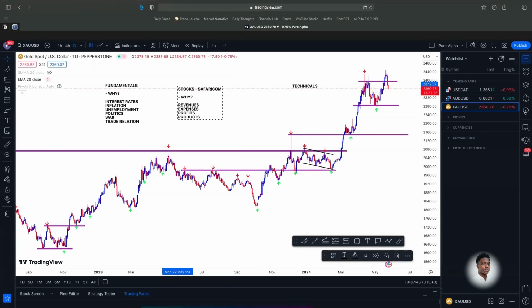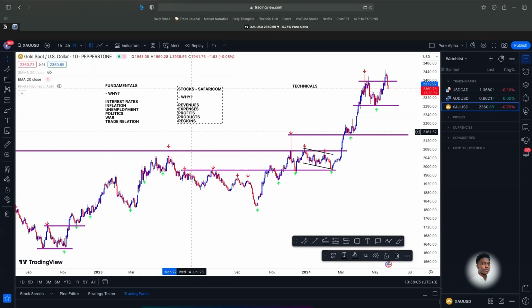What's the price of that product? Is it a product that people can afford to buy? Is it even a product that people want? Which regions are they in? Now we know Safaricom has ventured into Ethiopia. We can see recently they released the data of the financial year and how they have staggering profits.